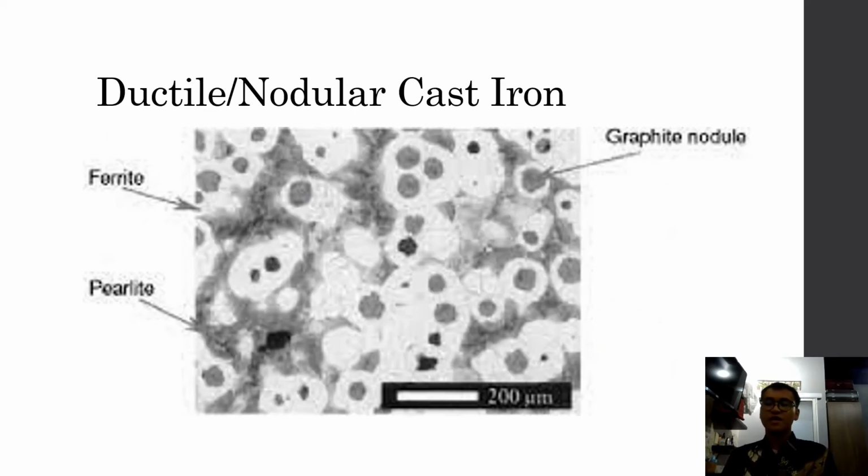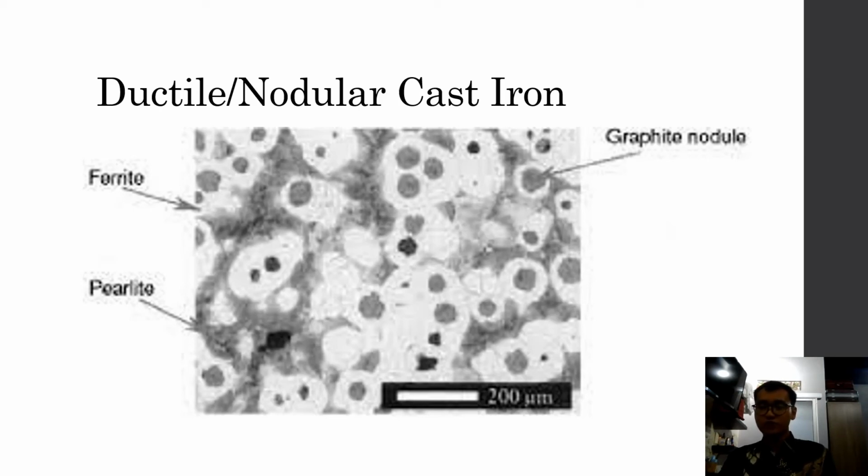The second type is ductile cast iron, also known as nodular cast iron. It is produced by inoculating the liquid cast iron, when it is poured from the melting furnace or cupola, with a small amount of magnesium. This treatment causes graphite precipitation in a nodular, almost spherical form.